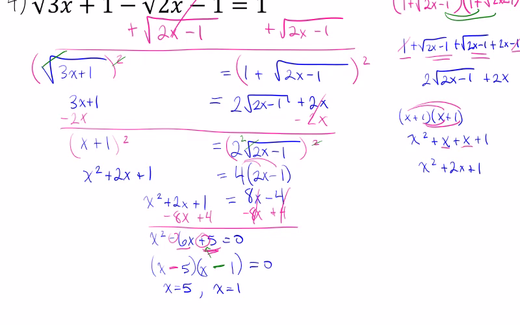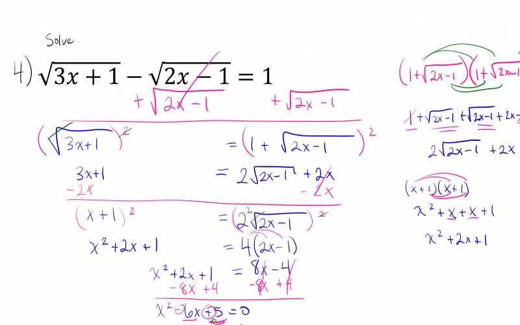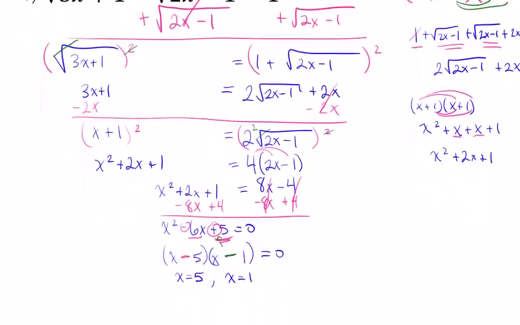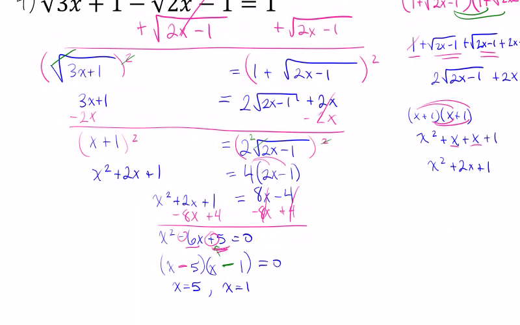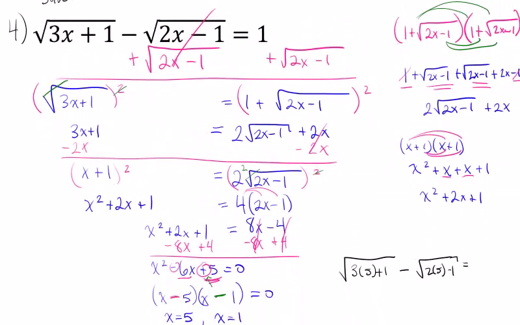All right, so now I have to check for extraneous solutions. So I want to go way back to the original equation. That's the one right there, right? So I want to see if I plug in 5, 3 times 5 plus 1 minus 2 times 5 minus 1, does that equal 1?